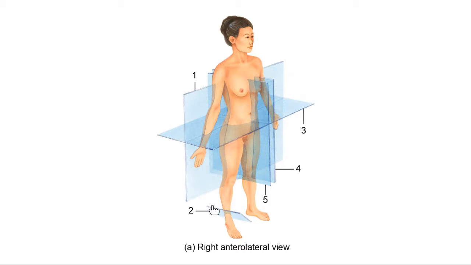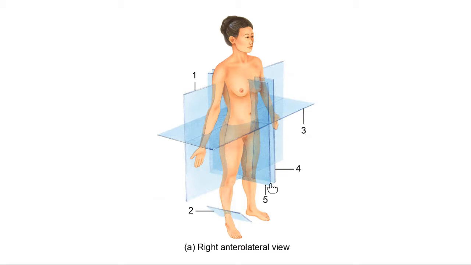Number 2 is the oblique plane. The oblique plane doesn't have any specific direction, and it has an angle, as you see here. Number 3 is called transverse or cross-sectional. It can divide our body to upper part and lower part, superior and inferior.